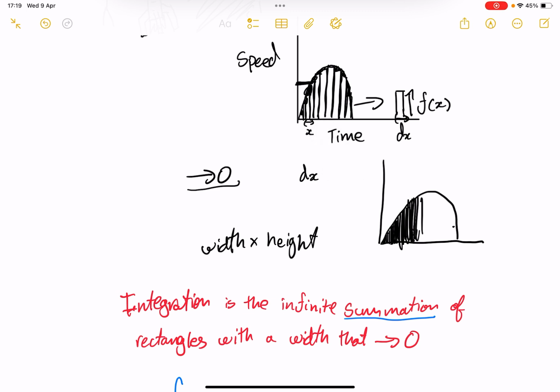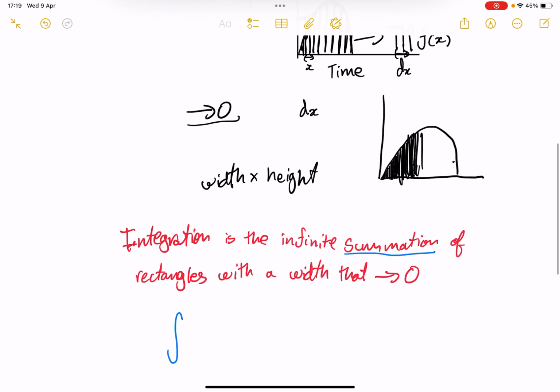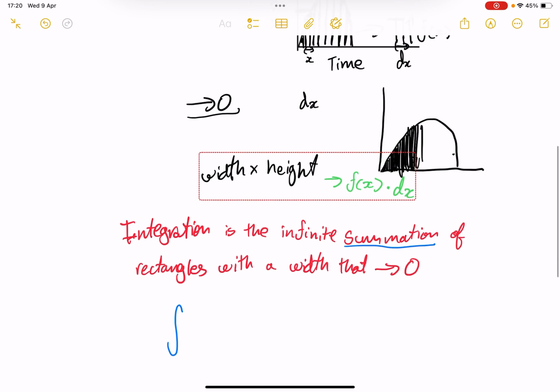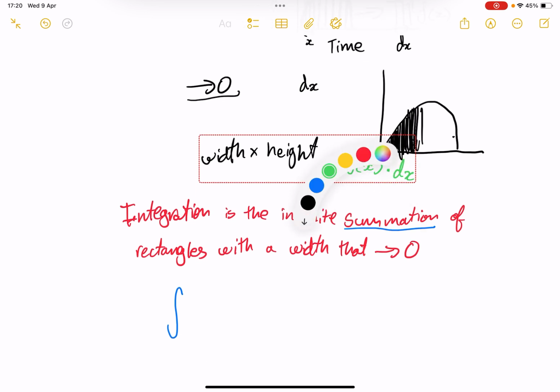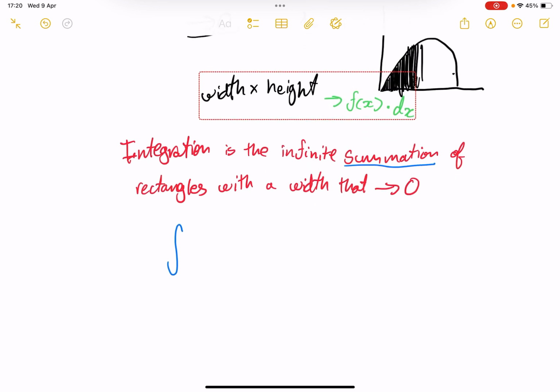When you have this rectangle and you input an x value, you get a certain y value, and that is simply the height of this rectangle. So you can denote the area of the rectangle as f of x times dx, where dx is the width and f of x is the height. With that in mind, we can now further progress with the summation.